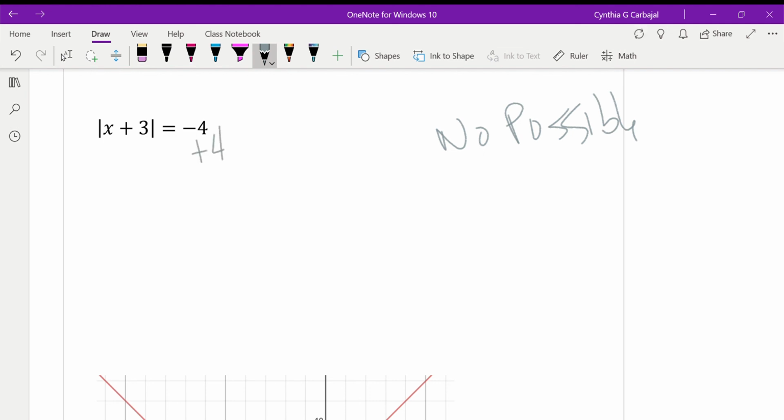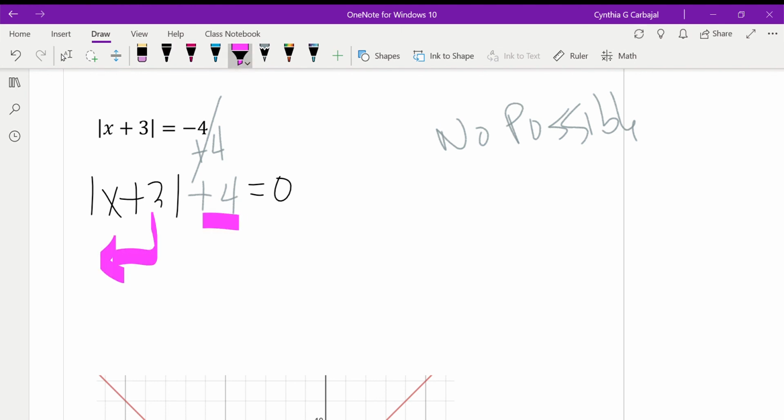So I have x plus 3, and then outside plus 4. Once it's set equal to 0, since there's no y, as long as it's set equal to 0, then I can graph it. So this plus 4 means I'm going to go up 4, and then the plus 3 inside still moves it to the left, right?